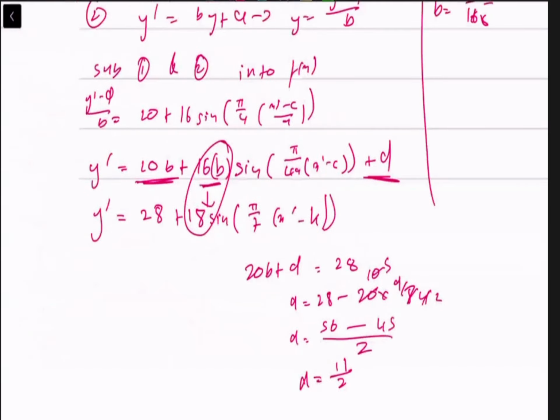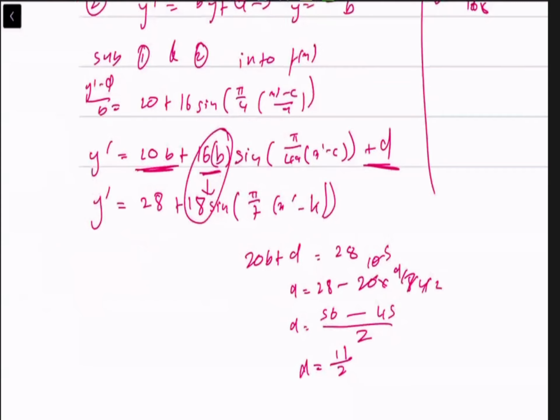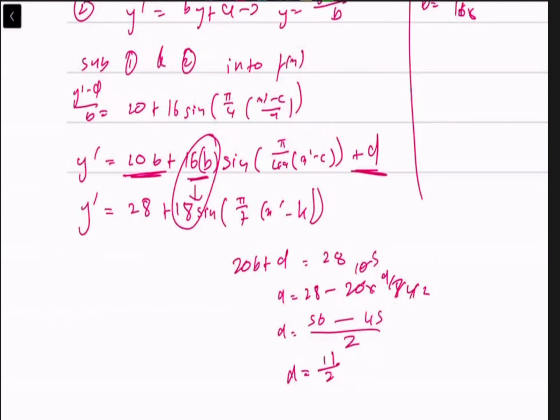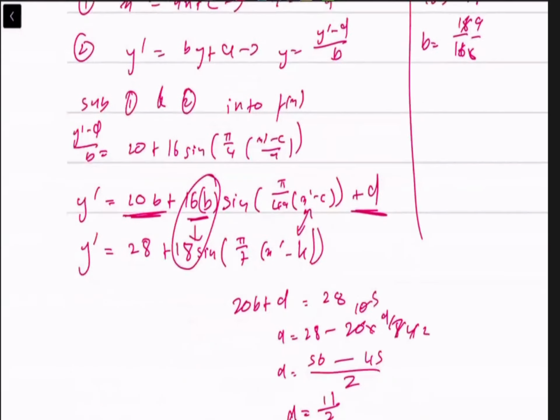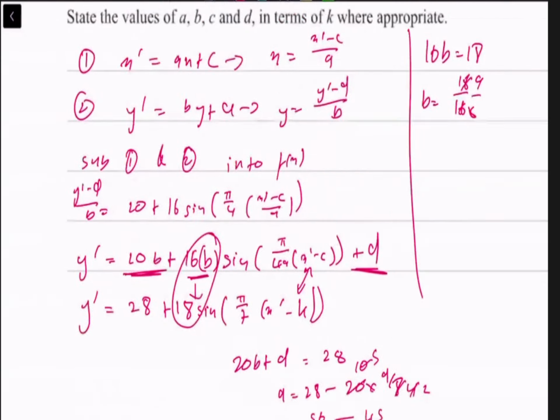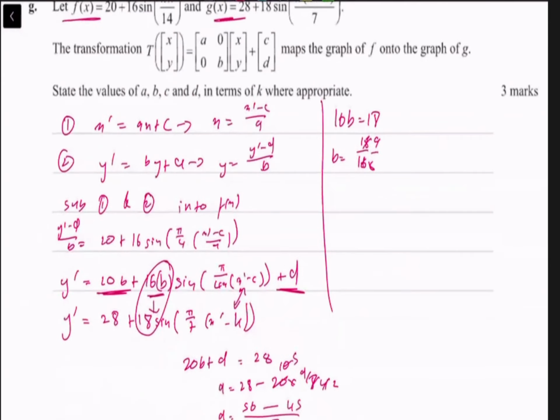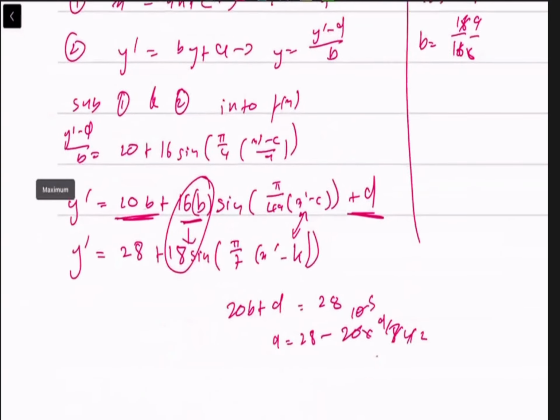And then the other problem that we have to deal with is a. We don't have to worry about c because you can see c and k are the same. But a is actually a half. So let me figure out why a is a half, because something has gone wrong.